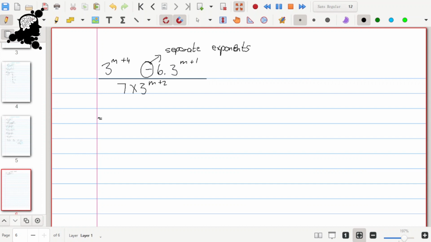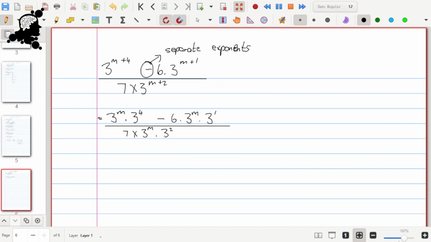So we are going to have here 3 to the power m multiplied by 3 to the power 4 minus 6 times 3 to the power m multiplied by 3 to the power 1 all over 7 times 3 to the power m times 3 to the power 2.